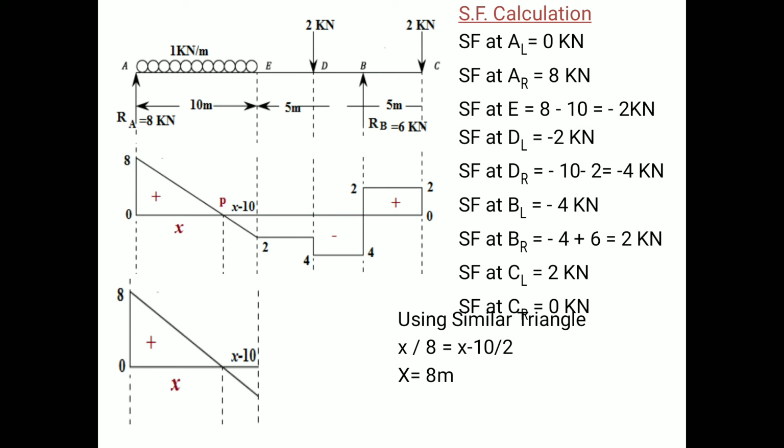And on observing the shear force diagram, again we have shear force equal to 0 at point P. By similarity of triangle we have x is equal to 8 meter, that is at a distance of 8 meter from support A we have shear force equal to 0. And as shear force is 0 at point P, we will have maximum bending moment.